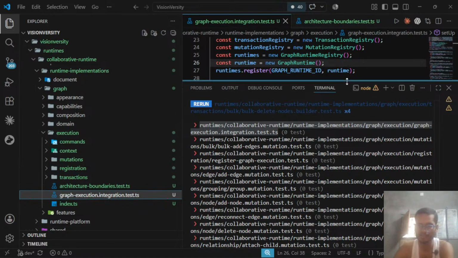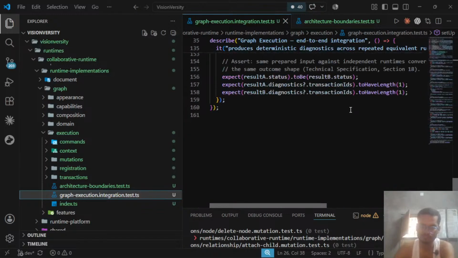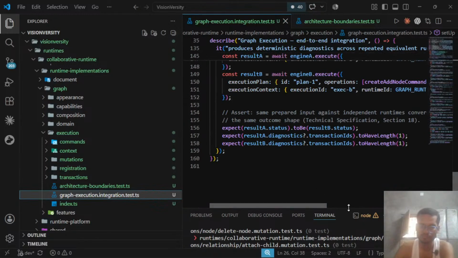In this file there is a setup issue. So I think this is the integration test.